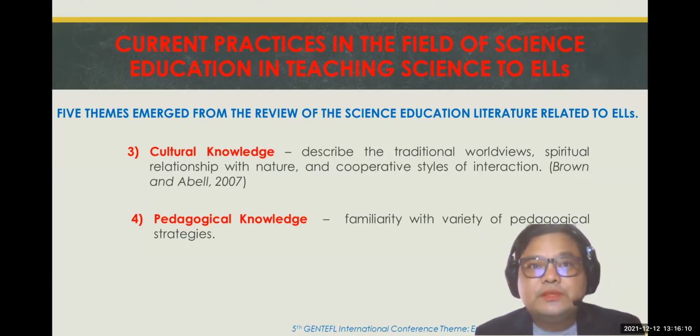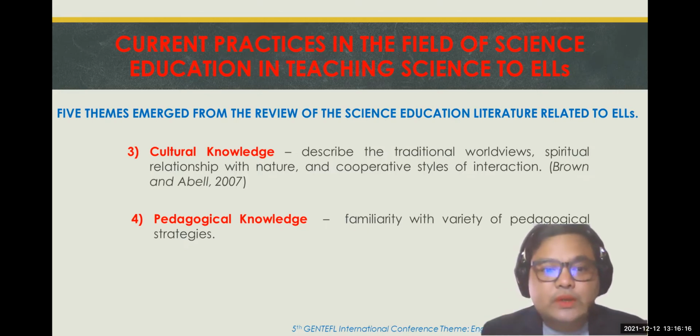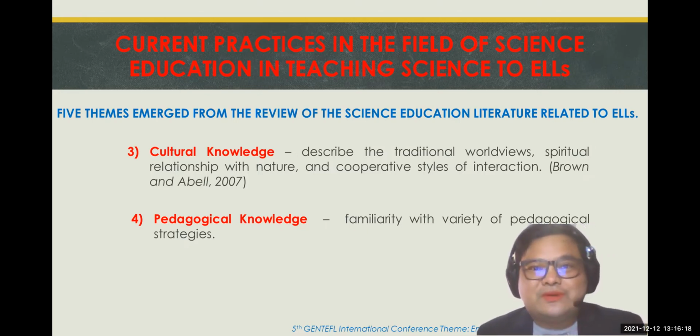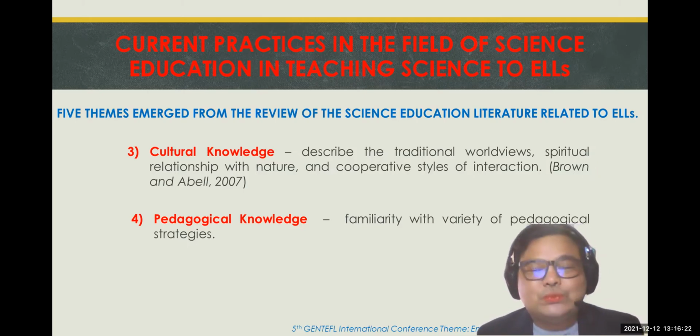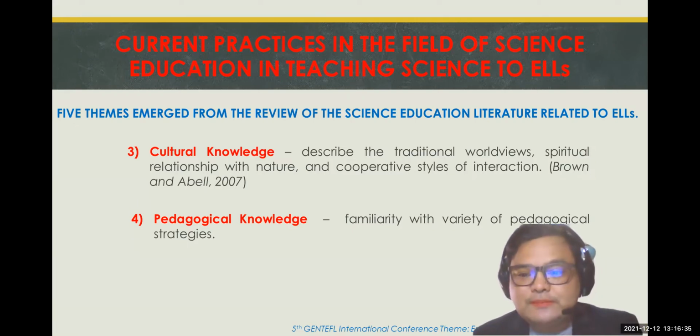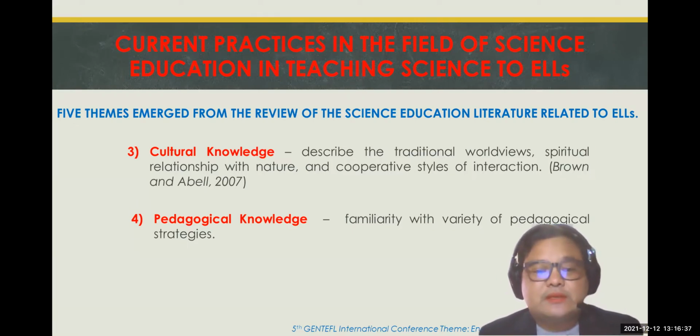Aside from the linguistic knowledge and the concept knowledge, we also need to understand the cultural background of the specific place or the specific school, because there are cultural differences that we should be aware of when we are talking about some specific topic.